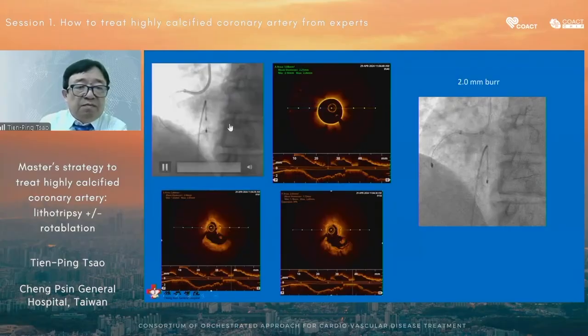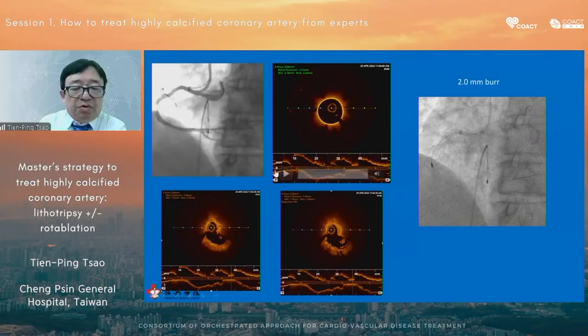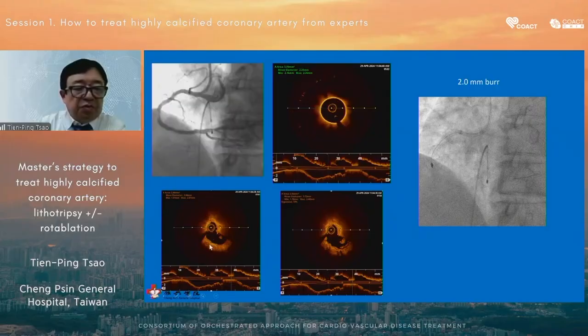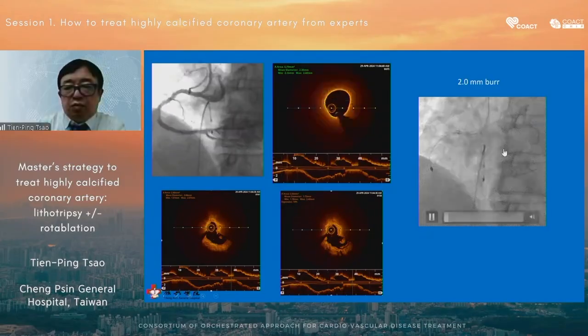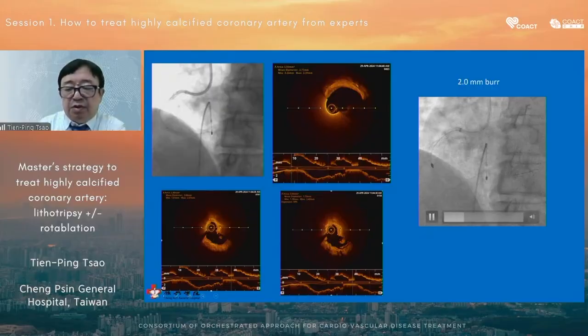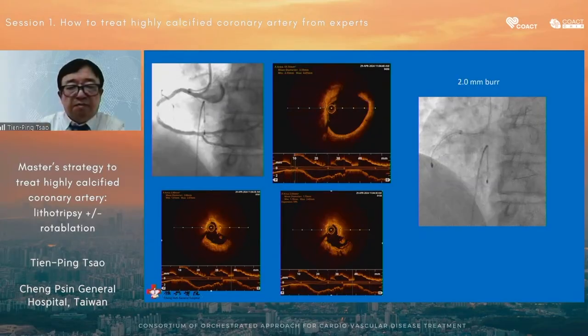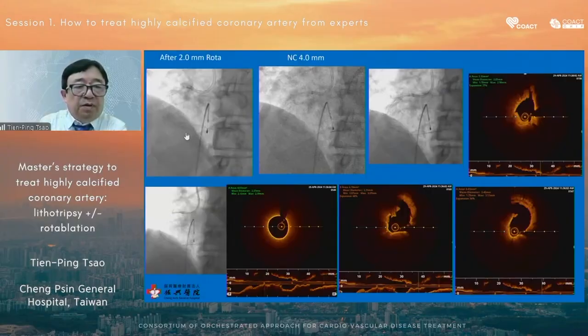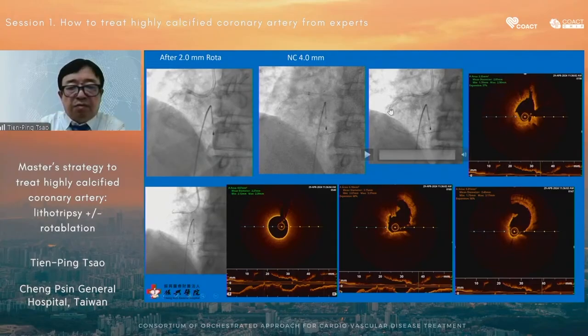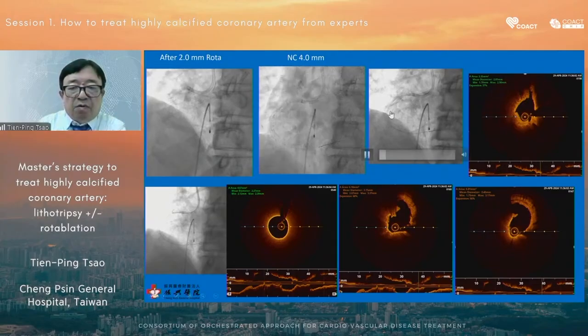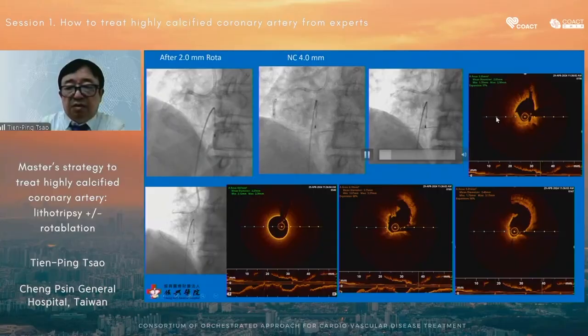So we did the OCT again, which showed there's quite severe neoatherosclerosis, a lot of calcium in the stent. So we performed the 2.0 burr to ablate the calcium in the stent. And after the 2.0 burr, we use a 4.0 NC balloon to do the balloon dilatation, and this is the result after 4.0 NC balloon dilatation.